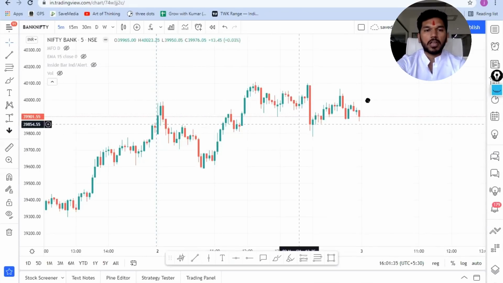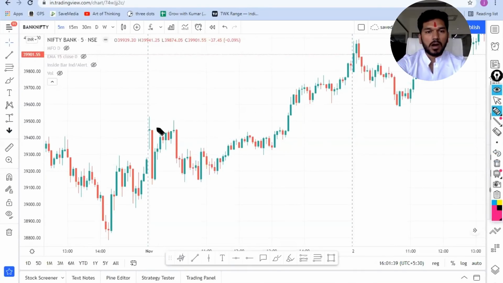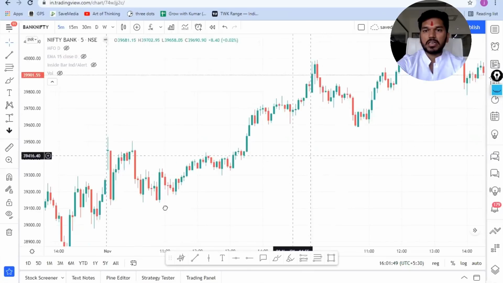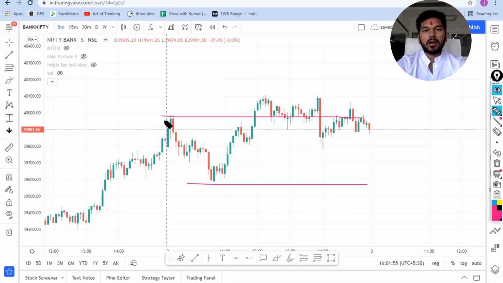Always make sure that the breakout is something like yesterday, where the market is trading inside a tight range. The level is tested once, twice, thrice, and then a breakout. However, in today's case, it was just a very wide range. Look at the range. It's a very big range. Usually, the breakouts that happen from a big range are not sustainable.